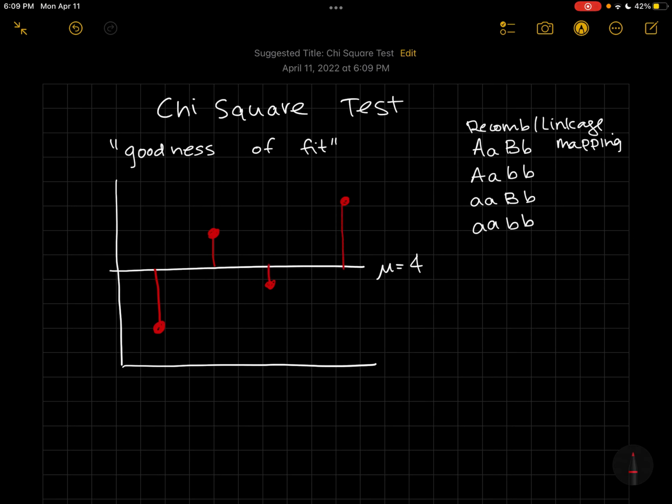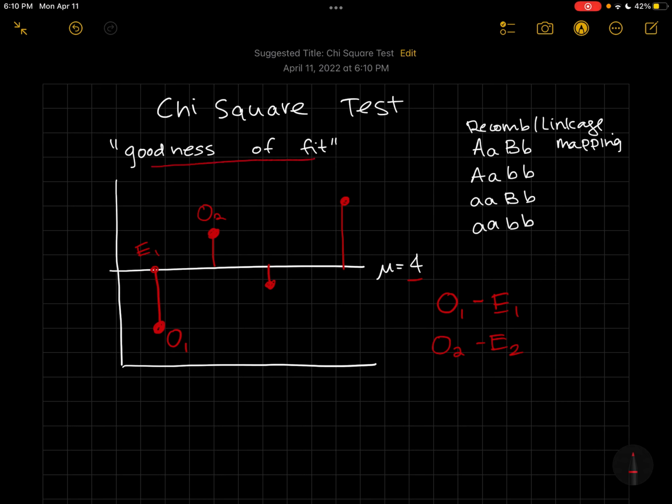And there's another way to think about this, which is that we're going to be taking the observed value, our first observed value, minus whatever we expected for that. So this would be our expected value. Okay, in this case, our expected value is going to be 4 across the board. For this one here, this is our observed value 2 minus our expected value 2. So this would be the length of that line. And the idea is that the lines are going to be shorter the closer your fit is to your observations.